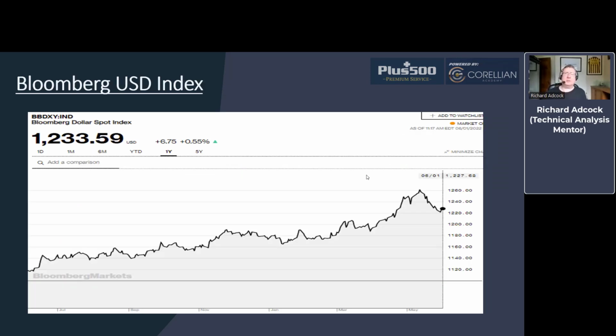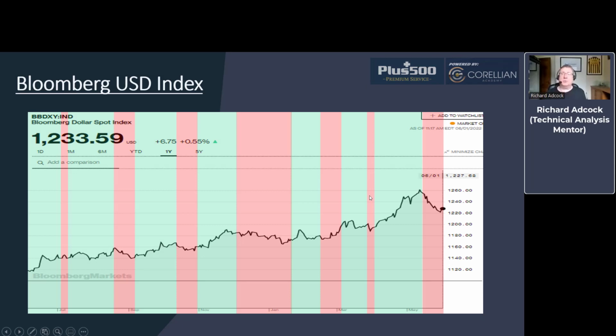Now, if we look at the signals that develop within the US dollar index, I'm using the Bloomberg index here because it's less skewed towards the euro and the implications that euro dollar movements have on the normal DXY index. We'll look at that in a second. But I just wanted to highlight the types of signals that we get by using the crosses within scores.